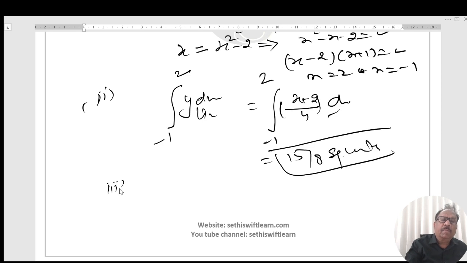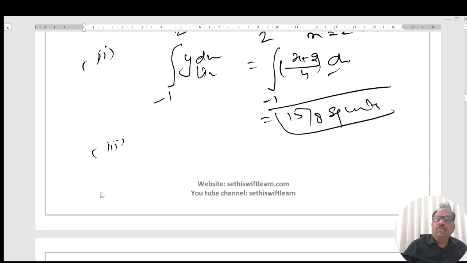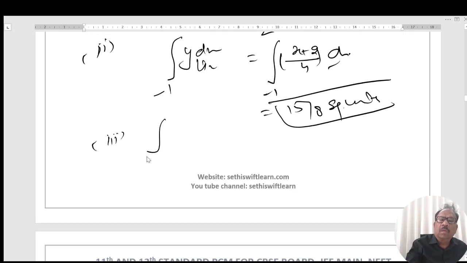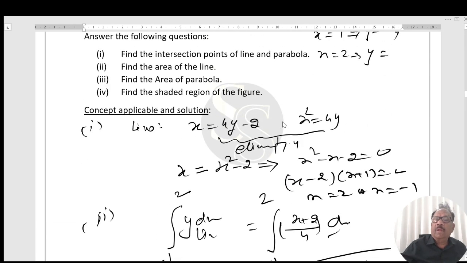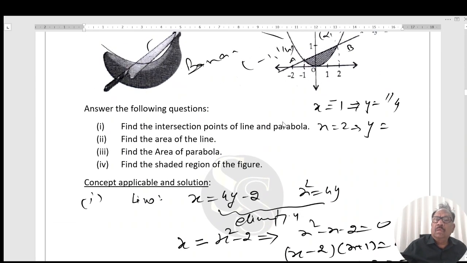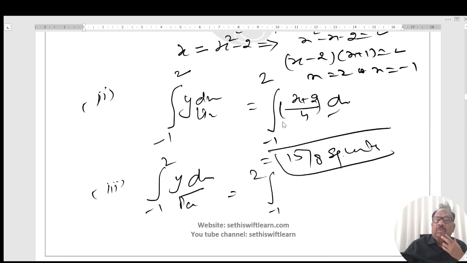Third, find the area under the parabola. Area under the parabola is the integral from minus 1 to 2 of y dx, reducing y in terms of x, from minus 1 to 2.